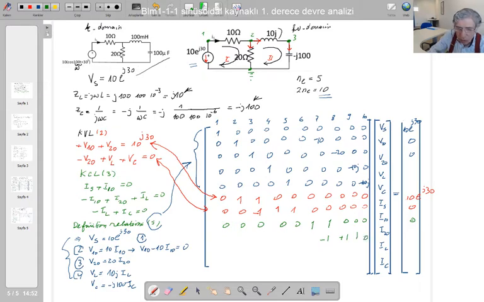So that's the one. Equal to 0. So that is the second one. So that's this one. The last one, minus IL. So this is minus 1 and plus IC. Rest of them 0. And that is 0. So altogether, I forgot to put zeros here. So 2 more zeros.